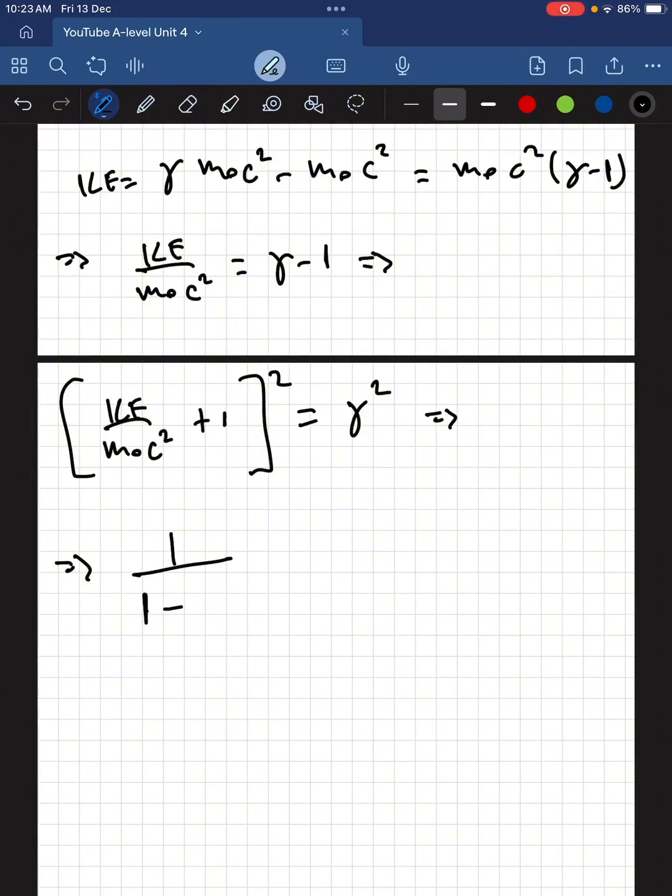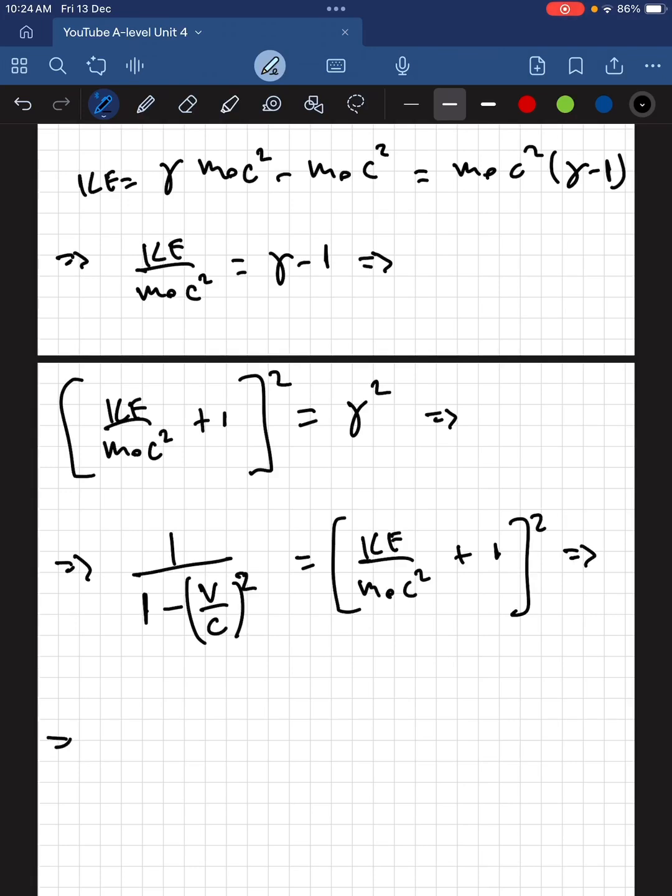And gamma squared is 1 over 1 minus v squared over c squared. This is the reason why I did this, because I want this factor v squared over c squared to appear in my equation. So this is equal to (K over m naught c squared plus 1) squared.